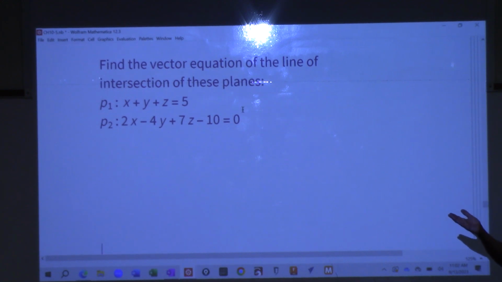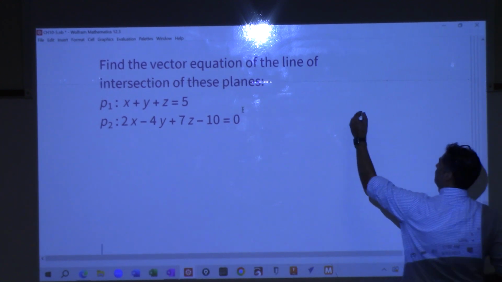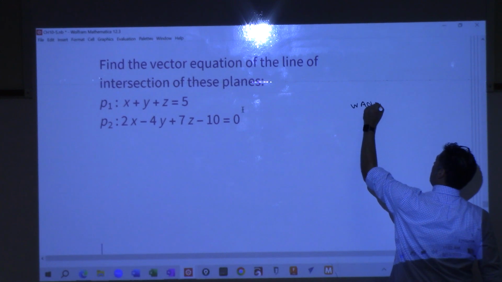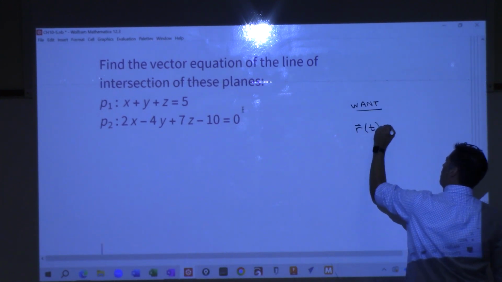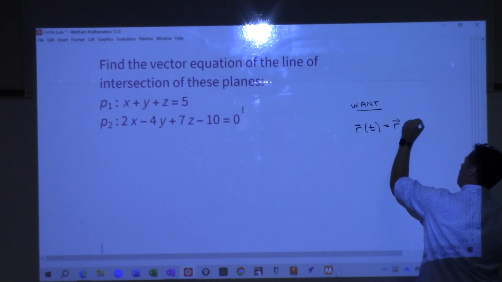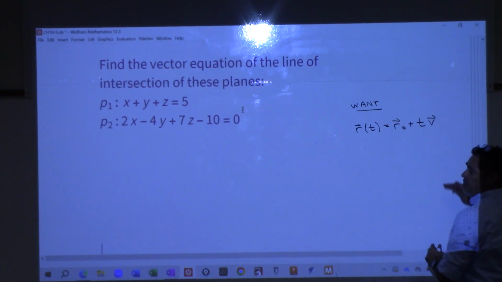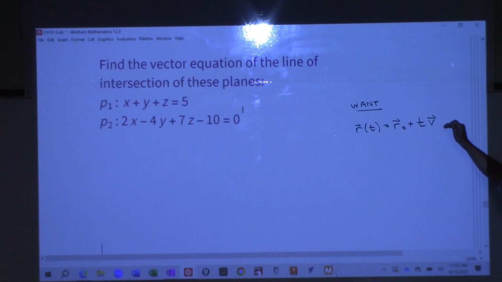Okay, so what are we looking for? We want to find the vector equation of a line. So we want at the end to come up with some vector equation of a line. And so you need to know, what is the vector equation of a line? This is the vector equation of a line.